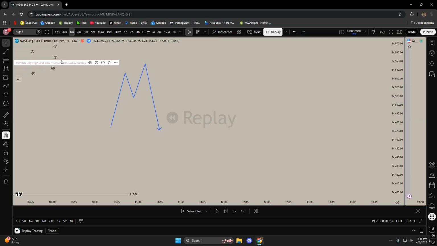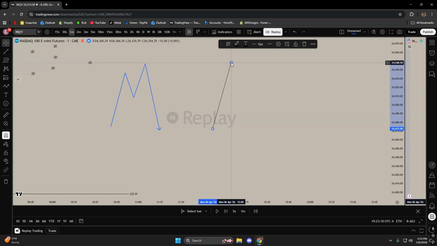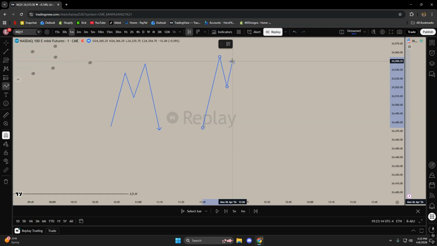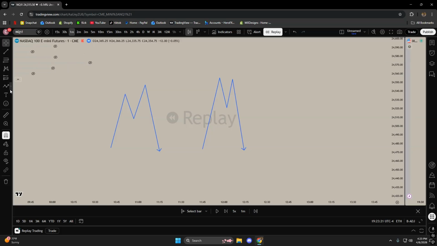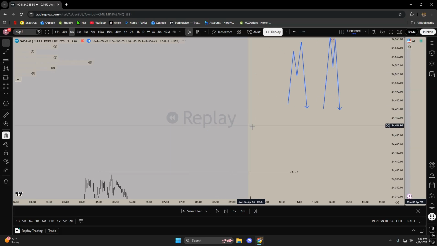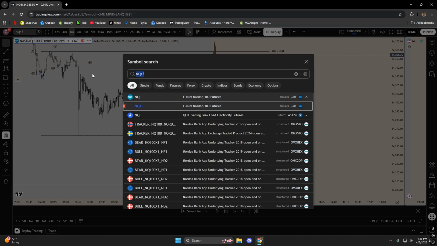NASDAQ takes this high, right? ES comes up and doesn't take this high, right? For this to be valid, there has to be some sort of PDRA or imbalance to push price lower still. So today, ES was, honestly, I think I can show you.